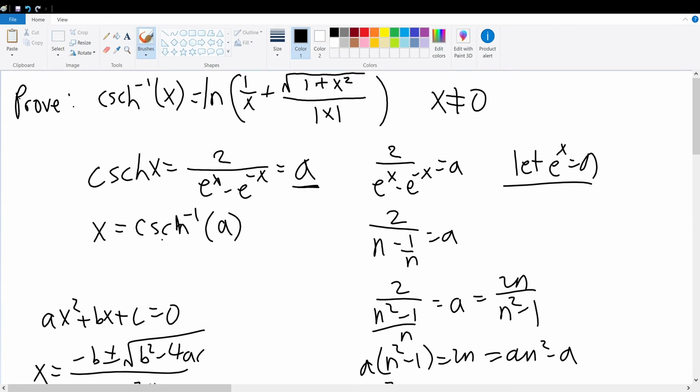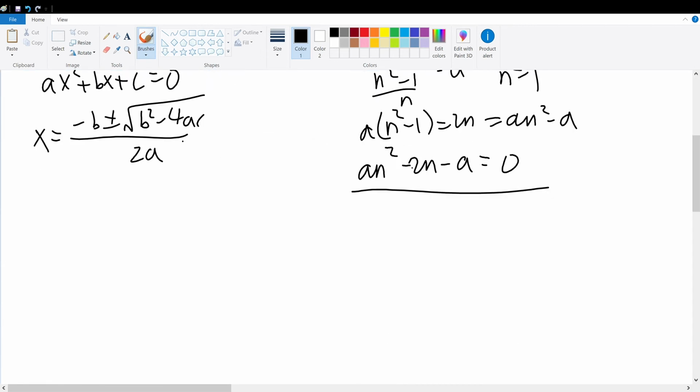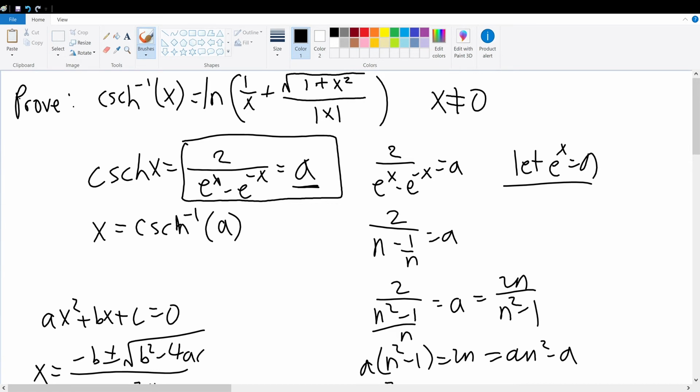The reason for this is because we defined a to be equal to 2 over e to the x minus e to the negative x. Whatever the input of x, the denominator will come out to be some constant, whether that be 0 point something or 1 point something. I don't care about that. All I care about is that a will be equal to some constant, while n is our variable because we set e to the x equal to n.